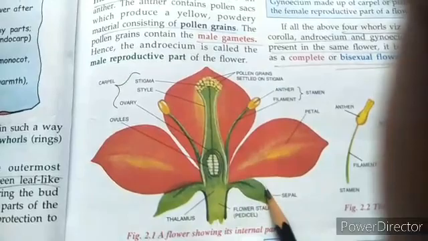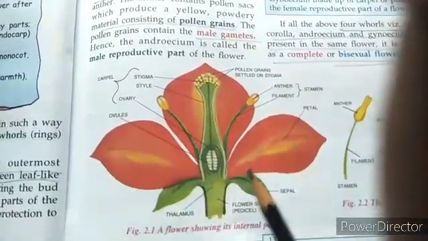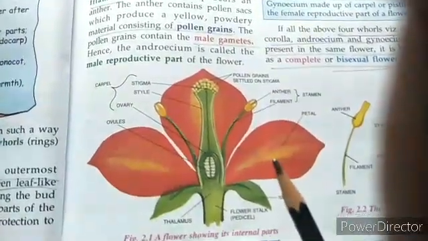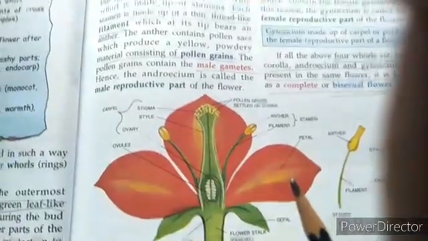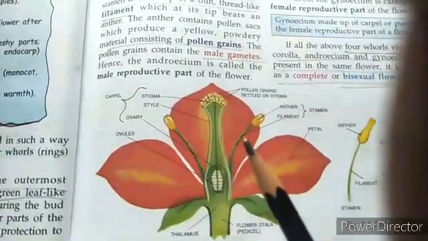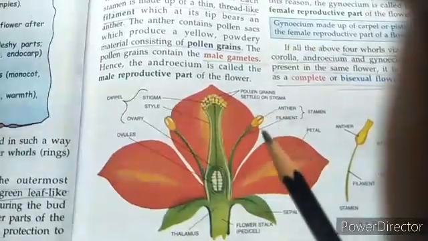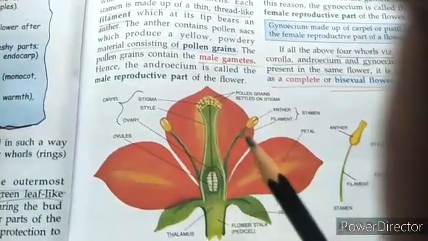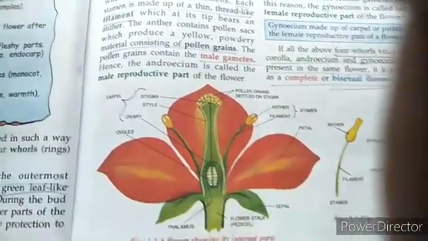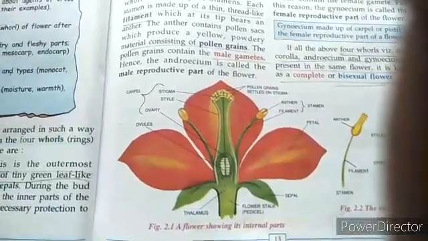Then we come to the outer whorl or the green leafy structure known as the sepals. Then comes the fragrant and colored part of the flower known as the petals, or we also call it the corolla, right? And then we come to the androecium, which is the male reproductive part of the flower, and then the gynoecium, which is the female reproductive part of the flower. So I believe with this the structure should be clear to you.